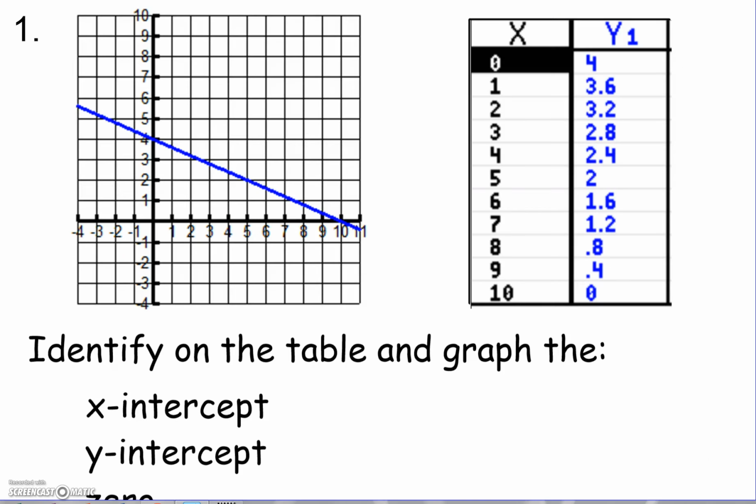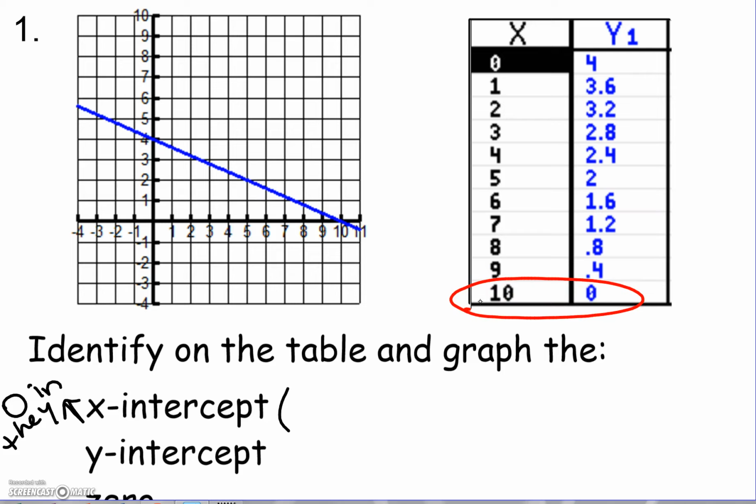So identify on the table and the graph the x-intercept. Your x-intercept is going to have 0. Remember, a y-intercept has a 0 in the x column, and so an x-intercept will have a 0 in the y. So 0 in the y would be right here.